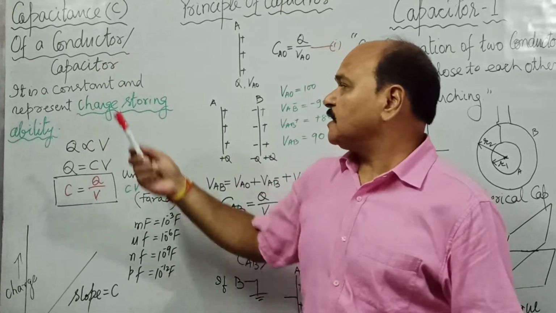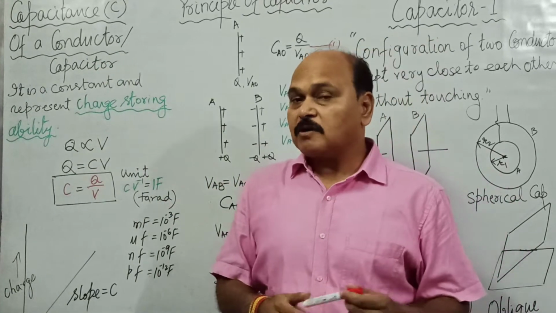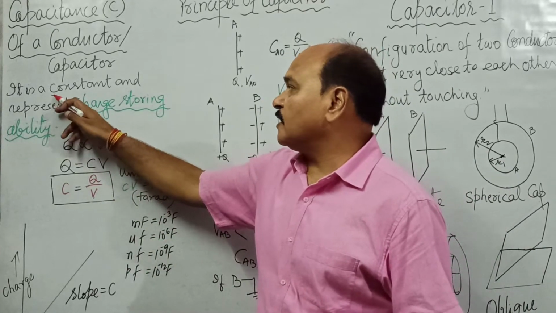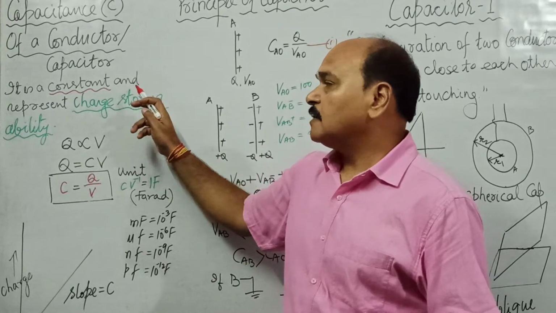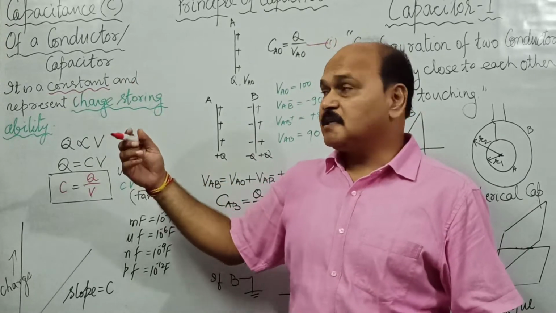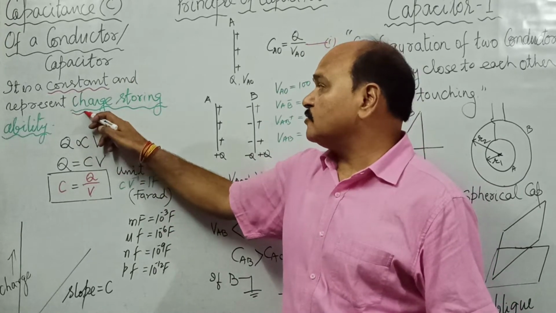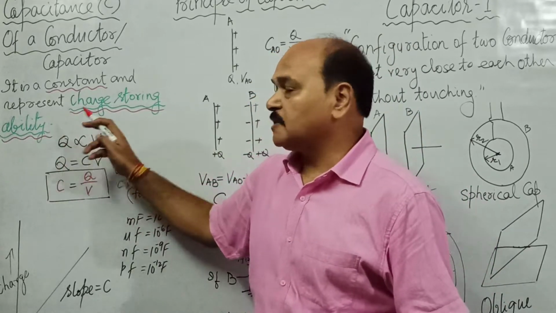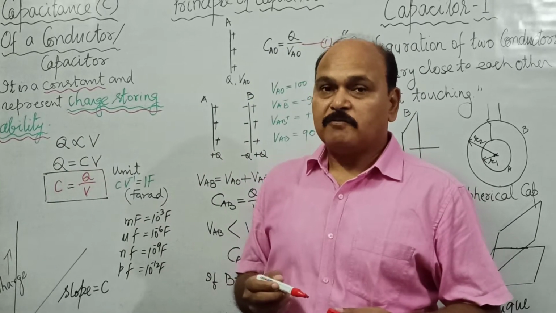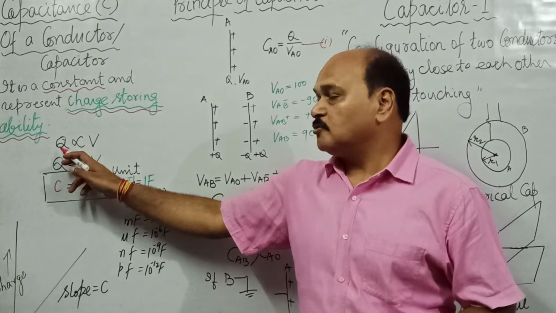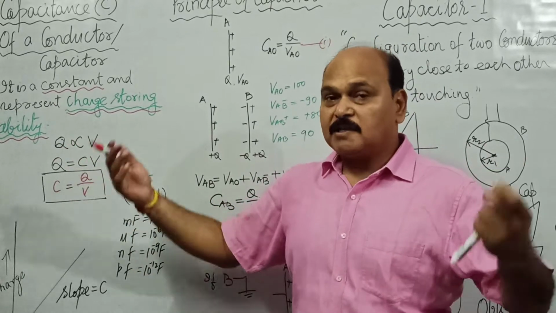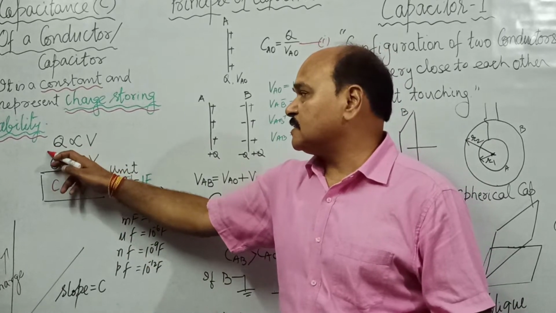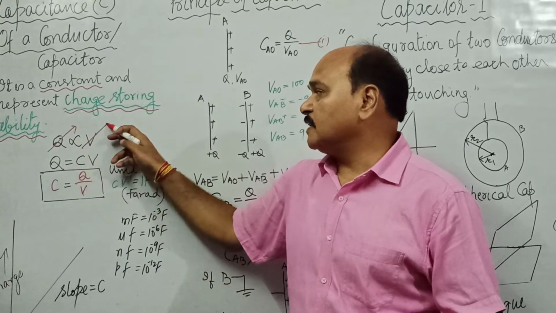This capacitance of a conductor or capacitor is a constant for a conductor, and it represents the charge storing ability of the conductor or capacitor. When we give charge Q to a conductor, it acquires a certain potential, say V, and if we increase the value of charge, the value of potential also increases.